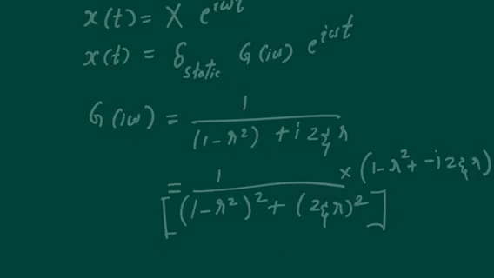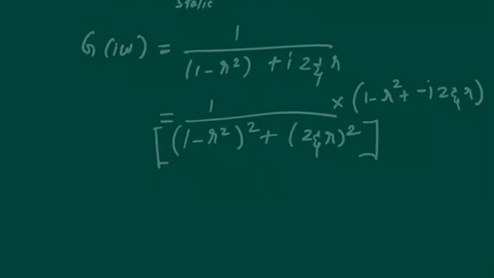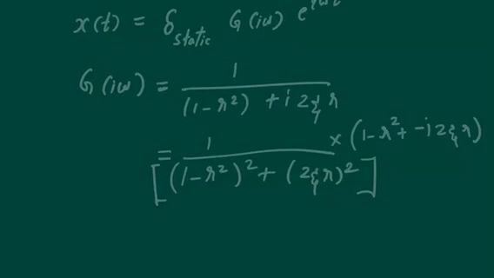Now this tells us a few things. What is that? If we want to calculate the phase of this particular quantity, let's say we want to multiply these two terms together, then every complex number can be represented in exponential form.